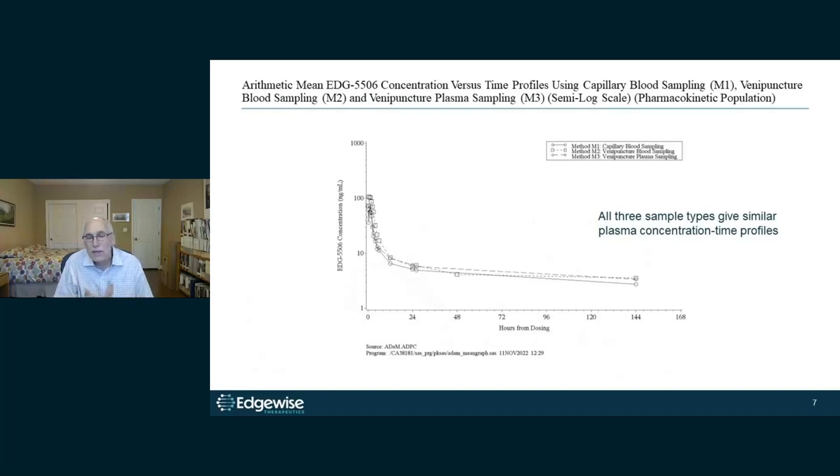Very high level, if we look at plasma concentration time curves, you can see that all 3 methods give us roughly comparable data. That's at a very high level, very satisfying. It gave us a lot of hope that we could use the Tasso device in this clinical trial and in our future trials in patients.